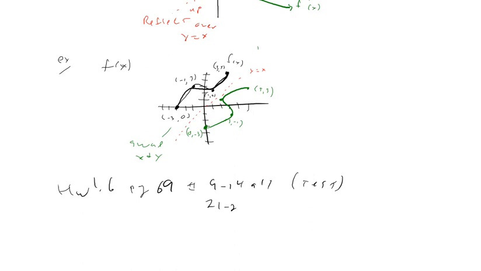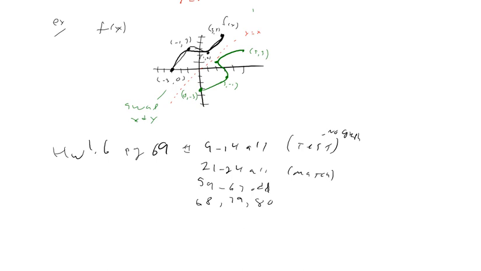No graphs for this. It's going to be 59 to 67 odd, and 68, 79, and 80. Those questions are your homework, due Wednesday.